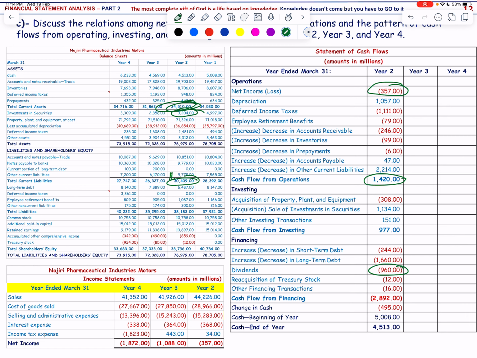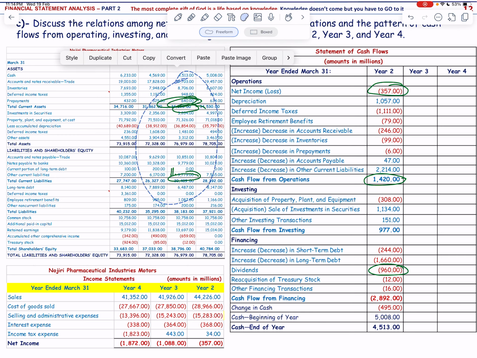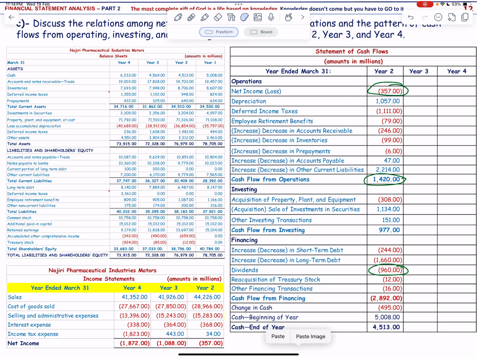In addition to this, there is a significant subtraction from deferred income taxes that is recognized as taxable income. I will show you. You can see for year number 2, the deferred income tax as 948.